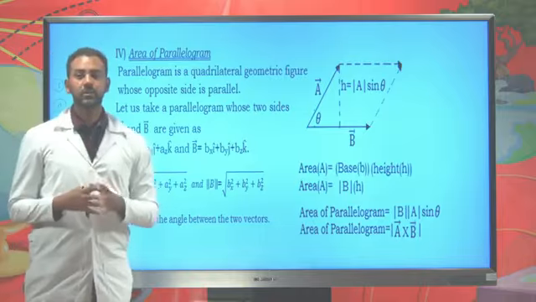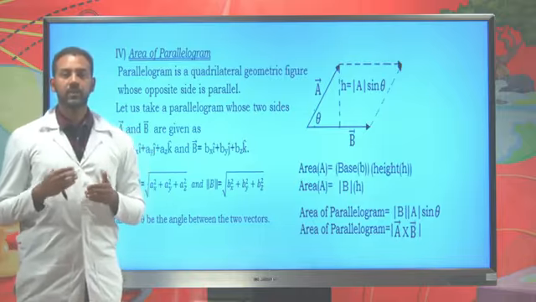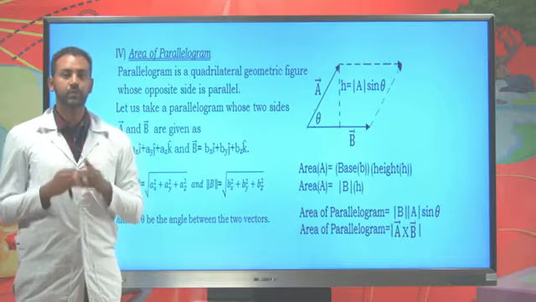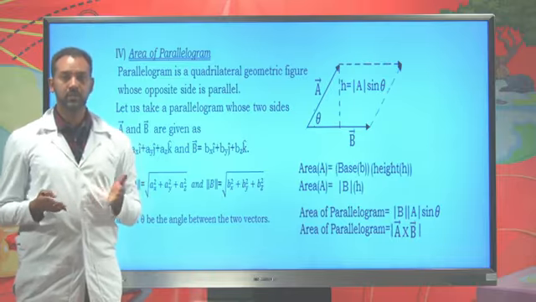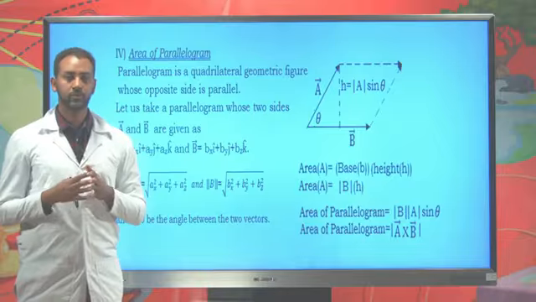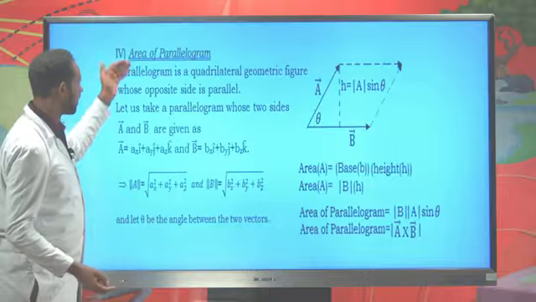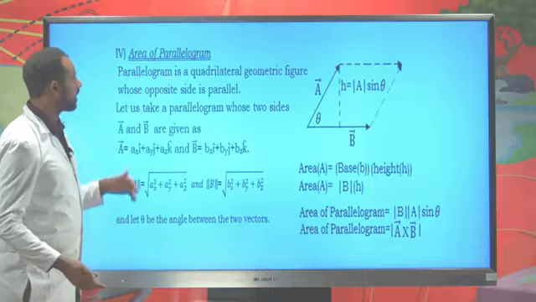Now let's proceed. Another good application of vectors is the cross product of two vectors. If you determine the cross product of two vectors, it's possible to find the area of a parallelogram. Suppose here you have a parallelogram.